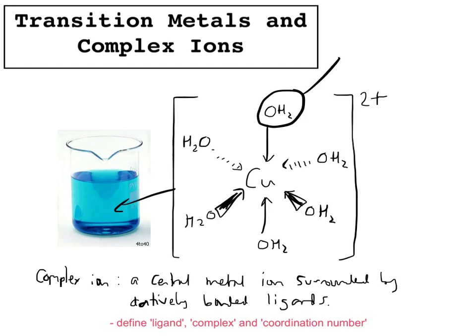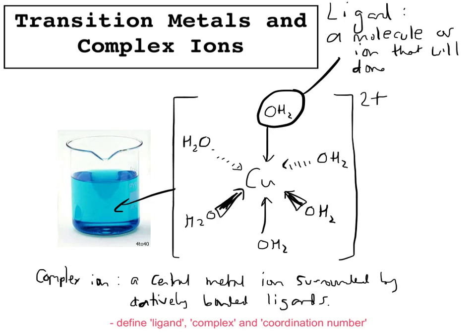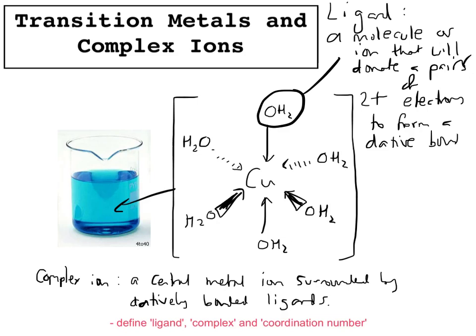So this water is an example of a ligand: a molecule or ion that will donate a pair of electrons to form a dative bond, or coordinate bond, with a central metal ion.